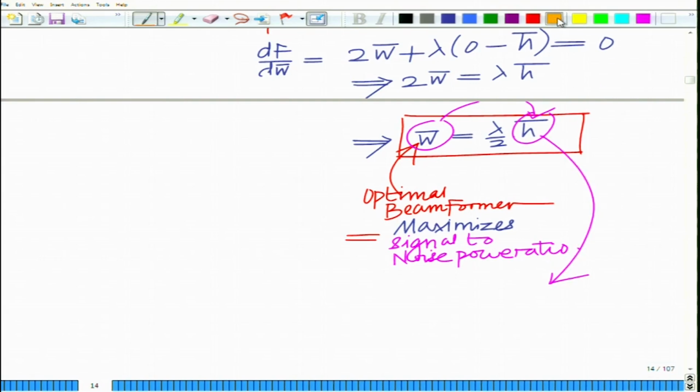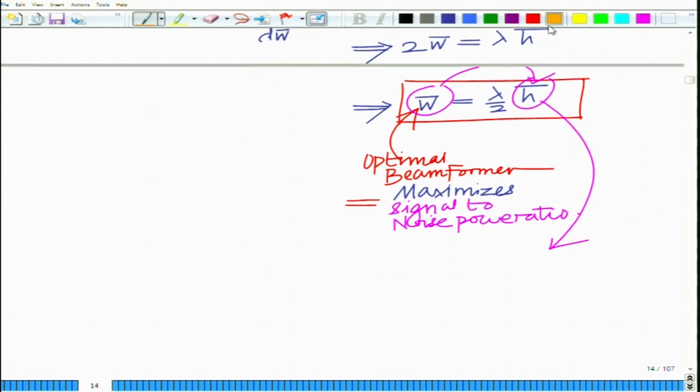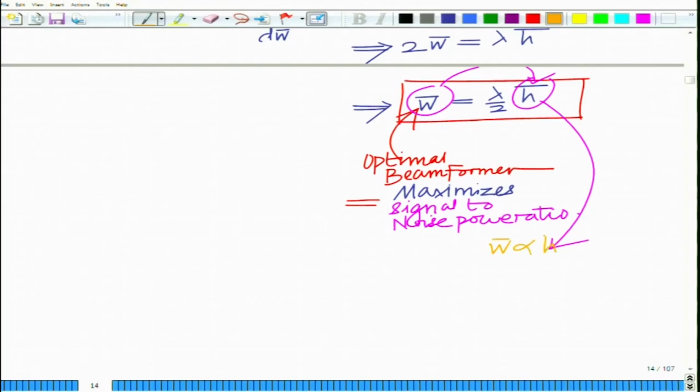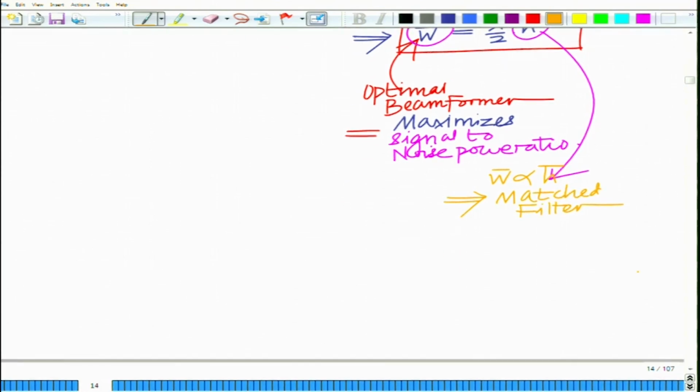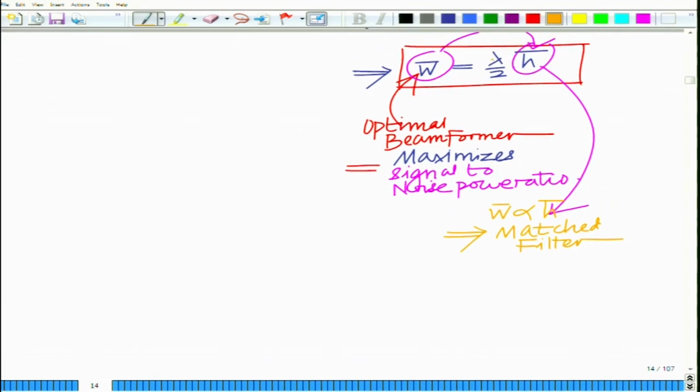In fact, this is a spatially matched filter, because typically you have a matched filter in time, while this is a matched filter across the antennas, correct. So, w bar is proportional to h bar, which implies that this is analogous to the matched filter that you employ in a digital communication system. Now, how do we determine lambda? To determine lambda, this Lagrange multiplier, we have to use the constraint.